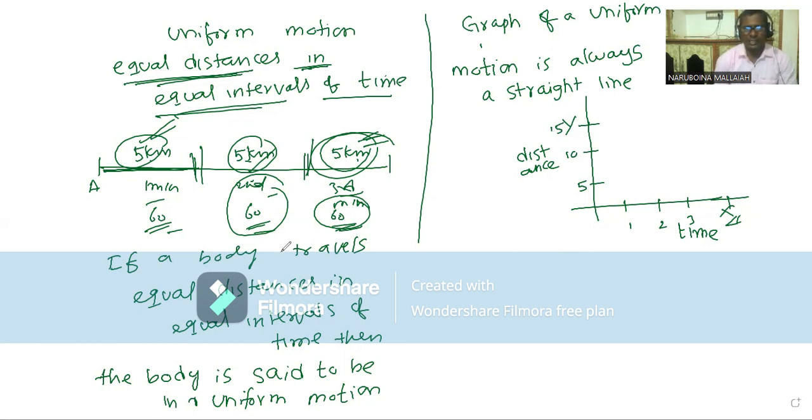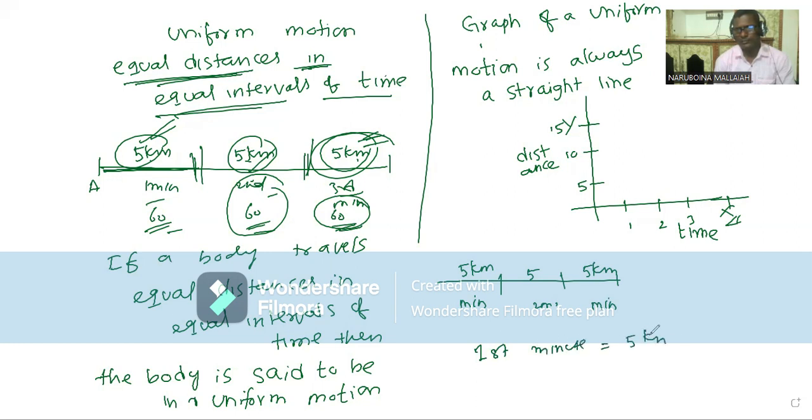Now see, I told you, in the first minute it covers 5 kilometers. In the second minute, only 5 kilometers. In the third minute also, only 5 kilometers. That means in the first minute it covers 5 kilometers.